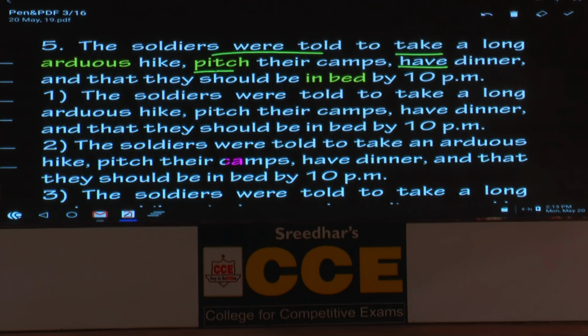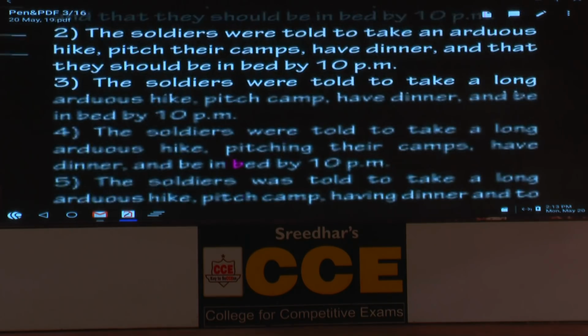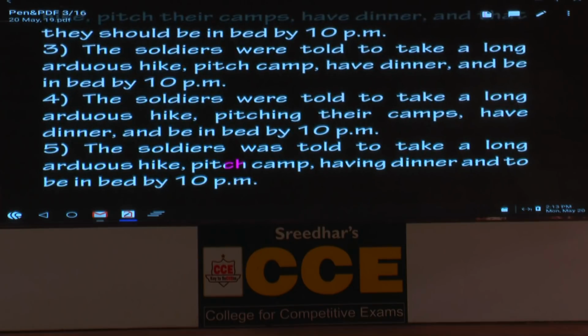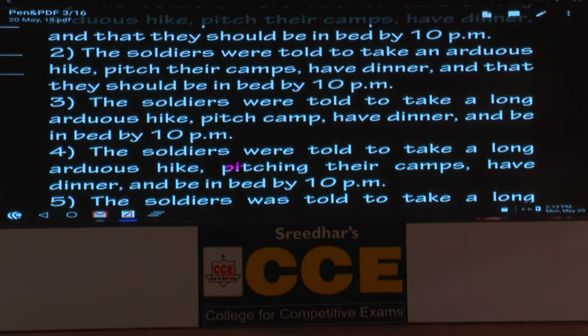Here you see 3 verbs, but after that, and they should be. Should is not the main verb, helping verb. So does it follow the parallel expression? No. So the given sentence is right or wrong? It is wrong. First you mark it wrong. Now you have to see where you have all the verbs. Which sentence has only the verbs?